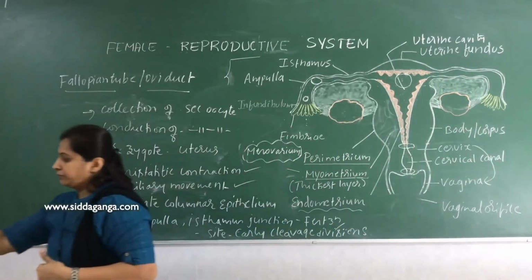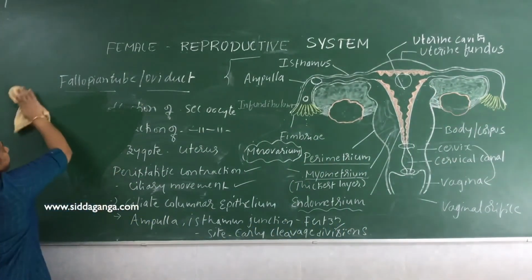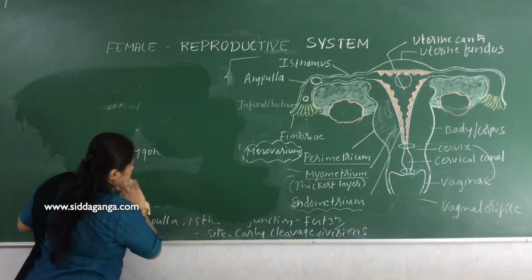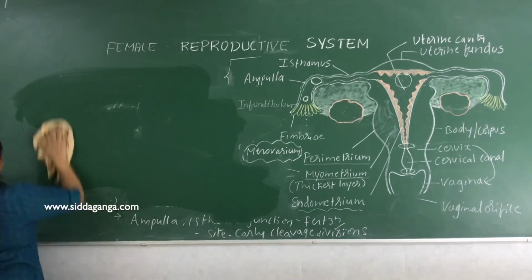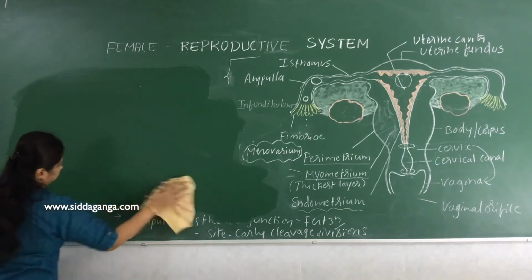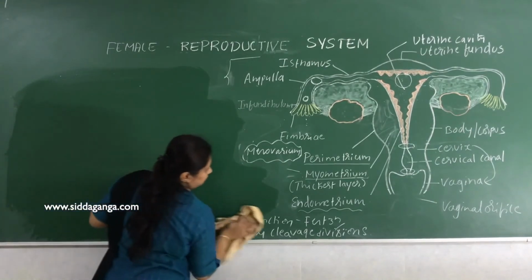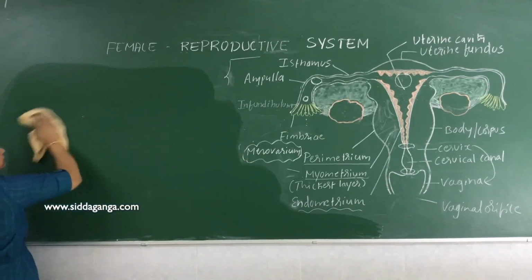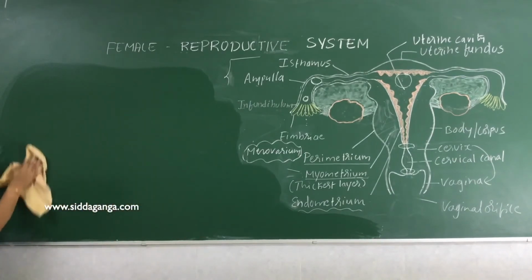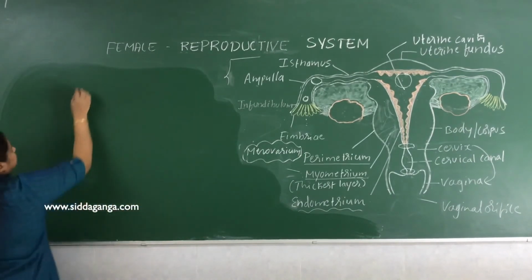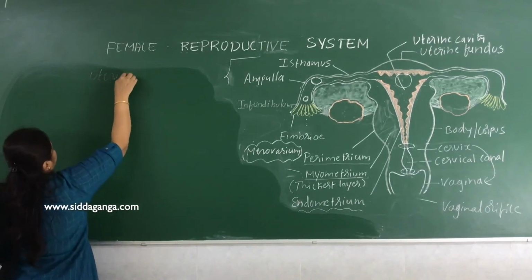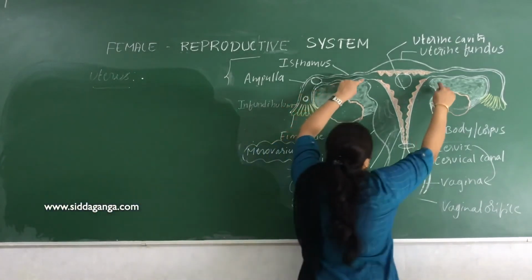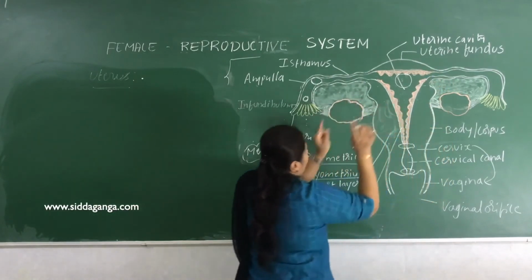Let us discuss the uterus. Both the fallopian tubes open into a highly muscularized sac. This is the uterus.